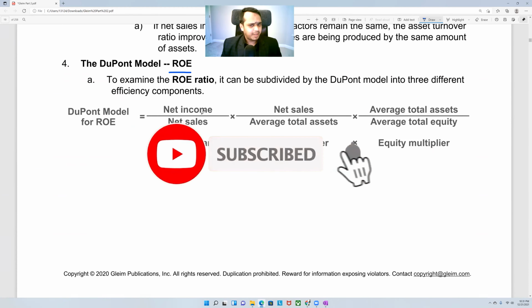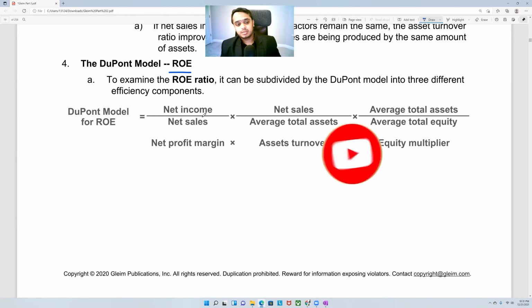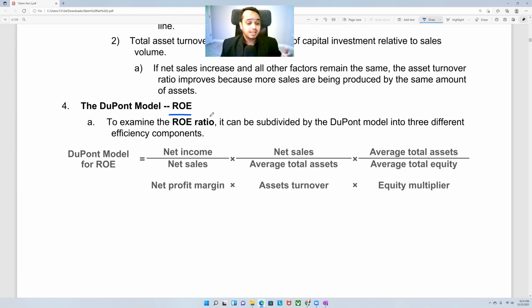Sorry, net income by net sales is not your return on equity. Return on equity is nothing but net income by average equity. But here what you're doing is splitting this formula again. You take your net income divided by sales, then net sales divided by average total assets, then average total assets divided by average total equity.